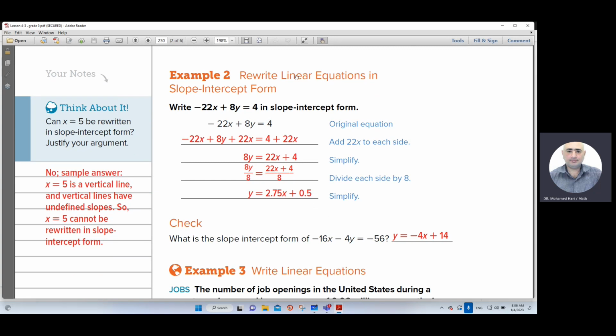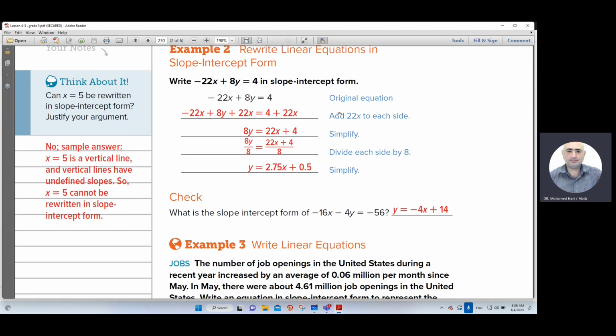Rewrite linear equations in slope-intercept form. Write negative 22x plus 8y equals 4 in slope-intercept form. So we want to write this in the form y equals mx plus b.